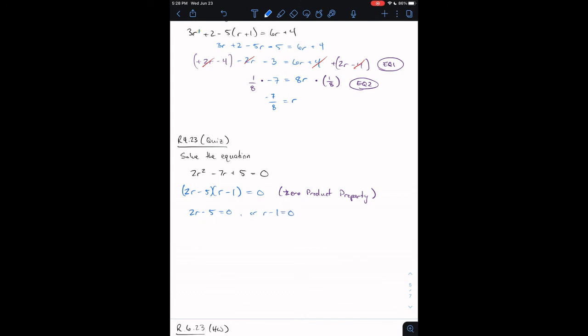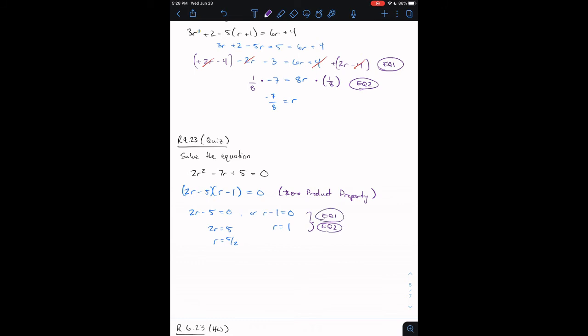So those give us two possible answers. This one is r equals 1. This one is 2r equals 5, or r equals 5 halves.